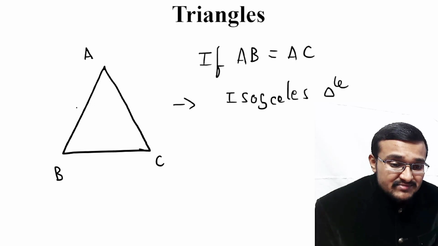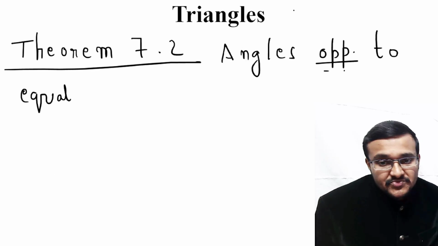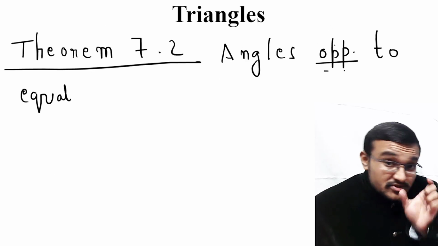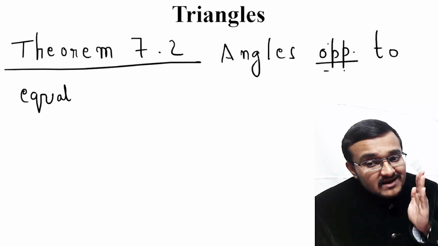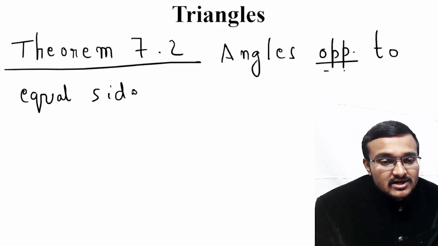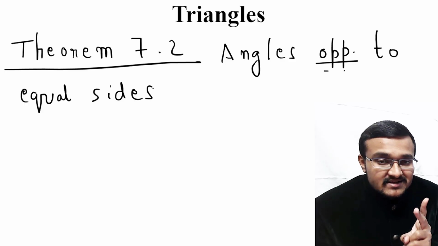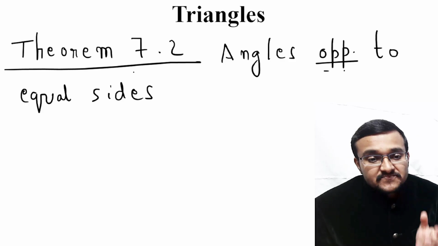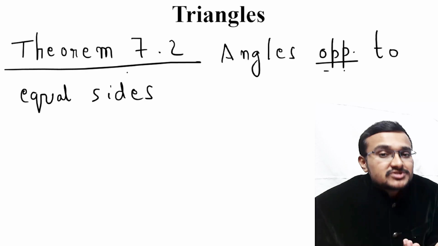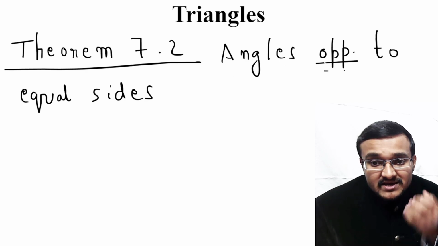So now here AB is equal to AC. Now we will look into the theorem. Angles opposite to equal sides. So in this isosceles triangle, two equal sides will be there, that means two sides which are equal to each other. So the angles which are opposite to those two sides. First let me complete this statement.